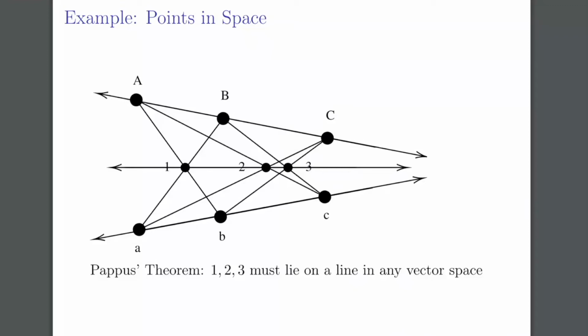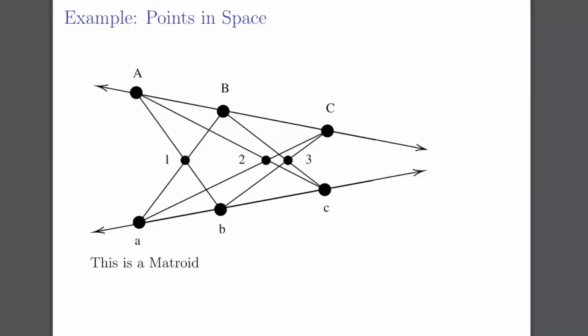We already said that this previous picture, when 1, 2, and 3 weren't on a line, is also a matroid. But this contradicts Pappus's hexagon theorem, in that 1, 2, and 3 must have been on a line if I was drawing this in space. So this is saying that not all matroids come from vectors in a vector space. They're more general than linear spaces, which is what makes them such a powerful tool.